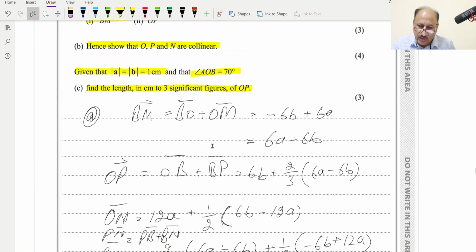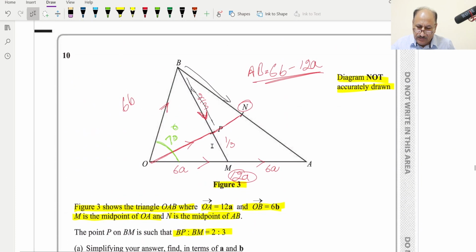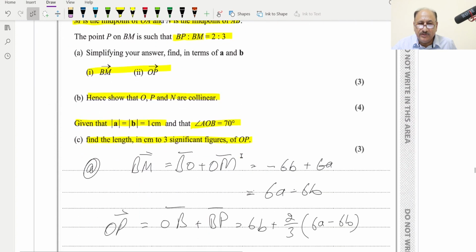Which two sides? If we consider this side is 6a and this side is 6b. The magnitudes of a and b are 1, so both will be 6.